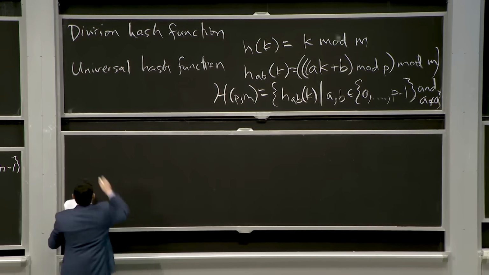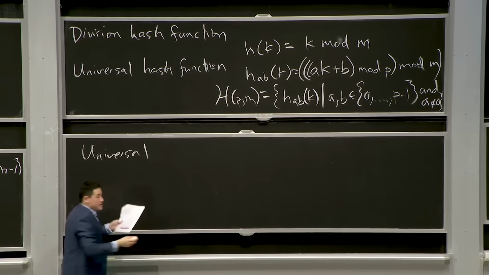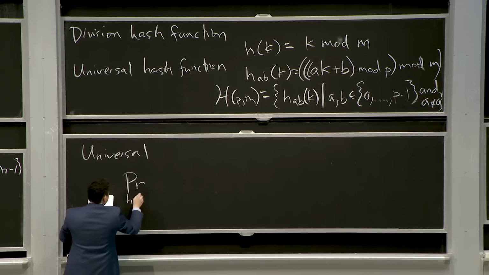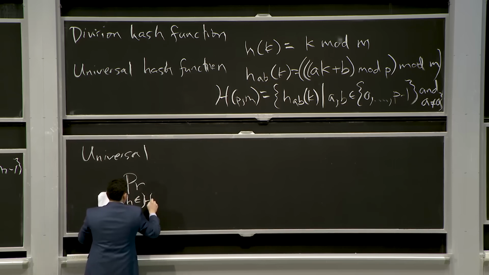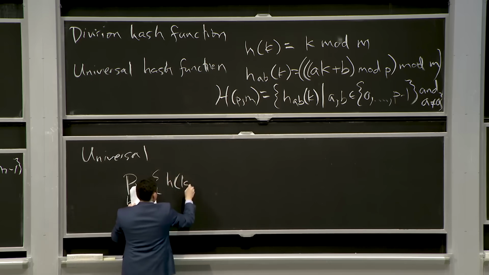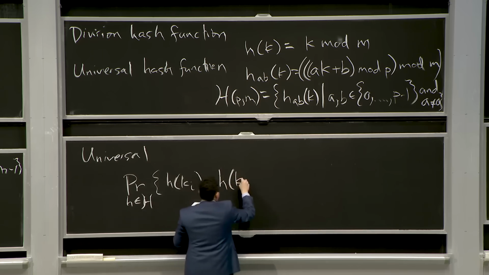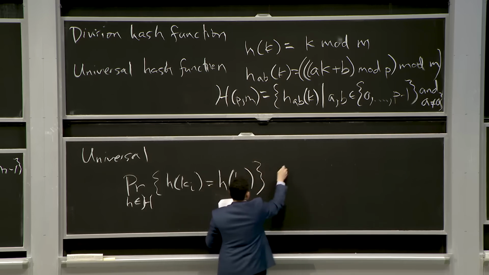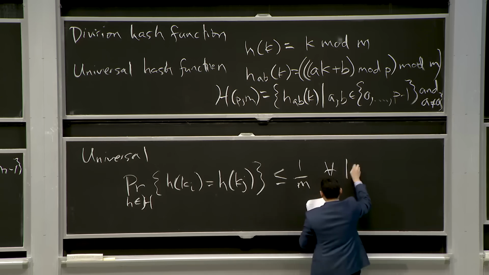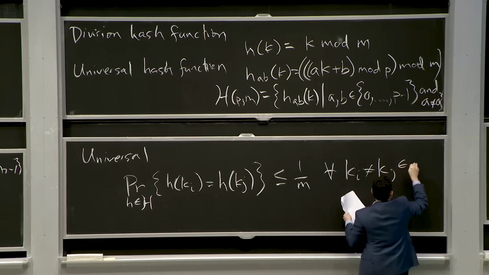And this universal hash family, really this is a family of functions, and I'm choosing one randomly within that family, is universal. And universality says that, what is the property of universality? It means that the probability, by choosing a hash function from this hash family, that a certain key collides with another key is less than or equal to 1 over m for any two different keys in my universe.